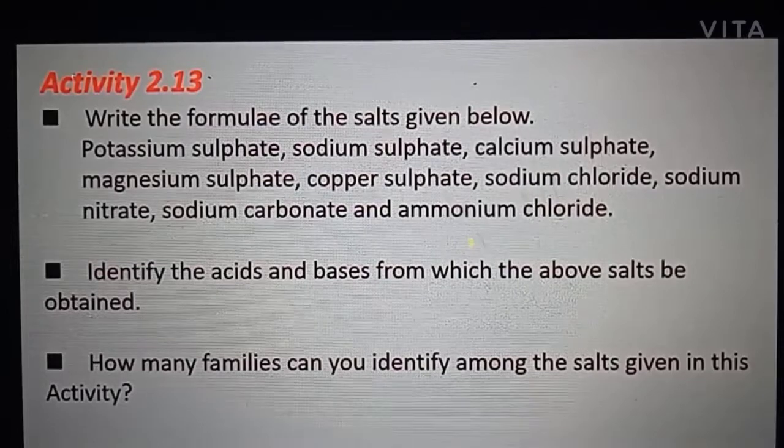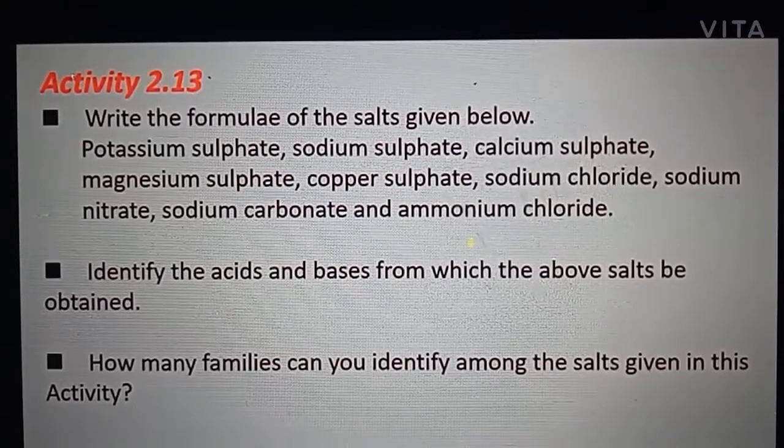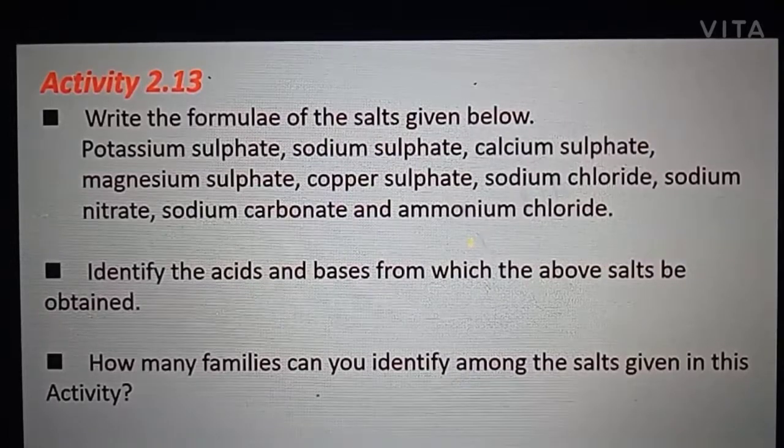The question may ask you to write sodium salts, chloride salts or sulfate salts, and you have to give examples. If sulfate salt, then sodium sulfate, calcium sulfate, potassium sulfate. If chloride salt, then NaCl, KCl. HCl is not a salt.